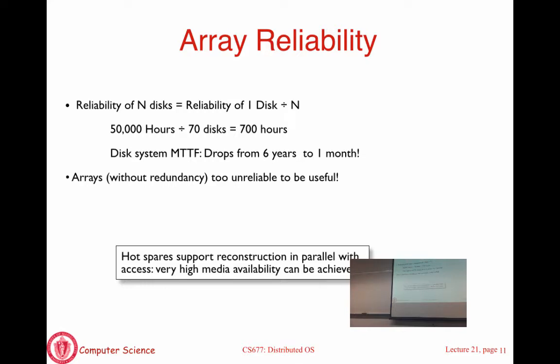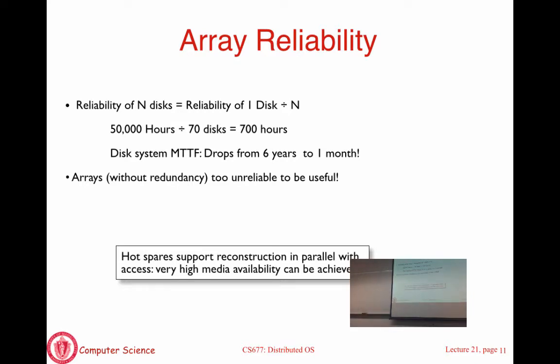That's a typical lifetime of a disk. If you build a server with 70 disks, which is not even unusual, because disks fail independently, the probability that there's no failure is (1-p)^n. If you remember where I said as n goes to infinity, this ratio is going to start tending towards 1.